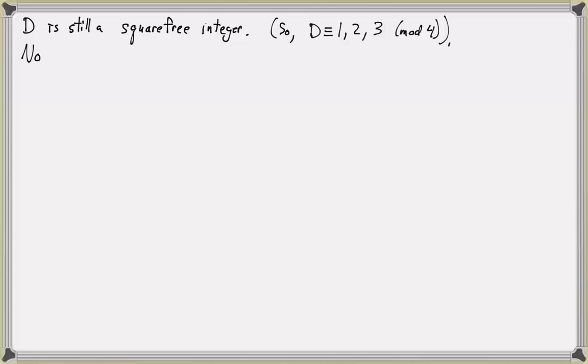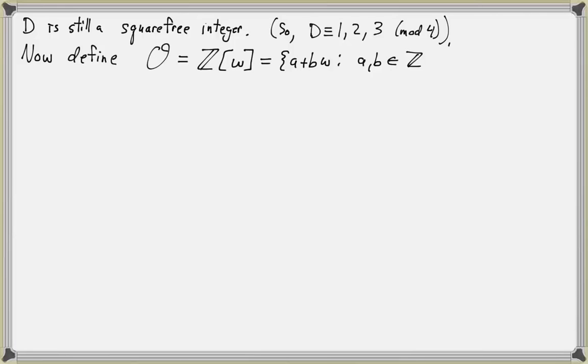So now we're going to define a ring O, and this ring depends on the choice of capital D. So it's going to be the set of integers adjoin omega. So this is the set A plus B omega, such that A and B are integers.